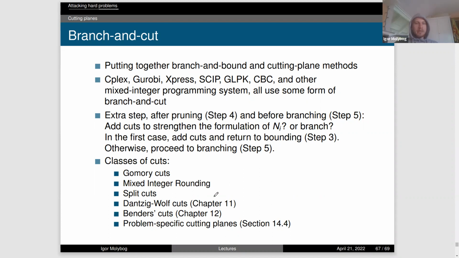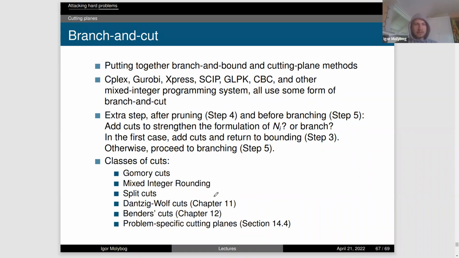There are also mixed integer rounding cuts and split cuts that are described, I believe, in chapter 8. There are the Dantzig-Wolfe cuts that we did not consider. By the way, the mixed integer rounding and the split cuts are both for mixed integer programming problems.